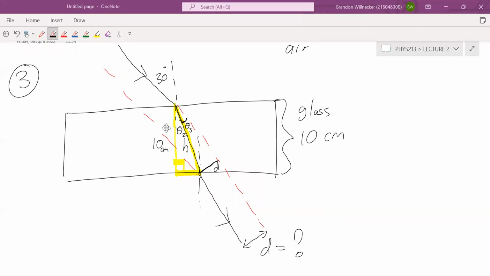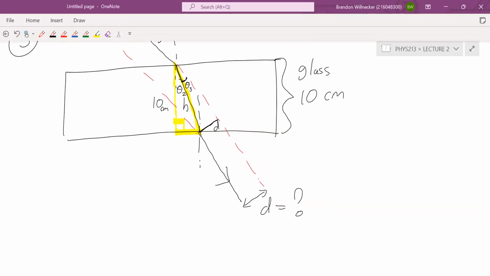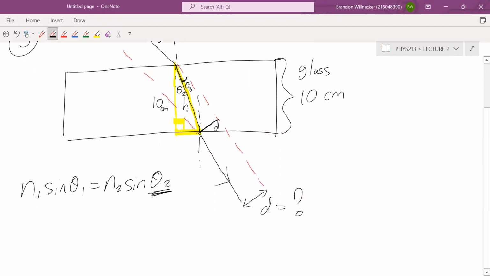But we don't know what theta 2 is. However, we can find theta 2 because we know that is the angle of refraction from this incoming light ray. So we can use Snell's law there. So n1 sine theta 1 is equal to n2 sine theta 2. We want theta 2, so a bit of rearranging.